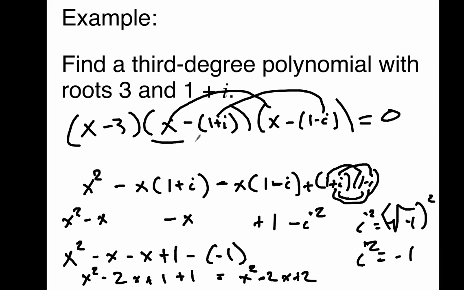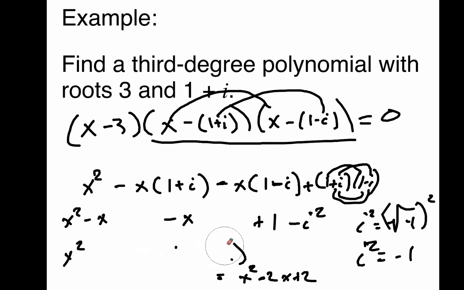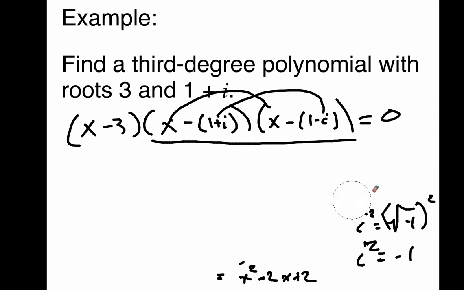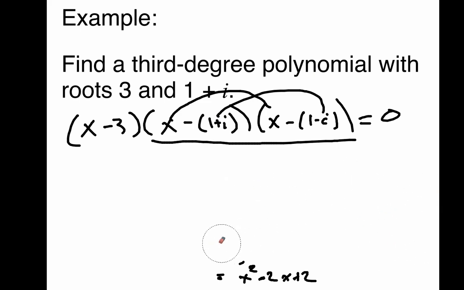Alright, now that's what these two terms multiplied together equal. You should not have any i's left, any imaginary numbers left. If you do, you made a mistake. If you multiply complex conjugates together, factors like this, you should end up with only real solutions.